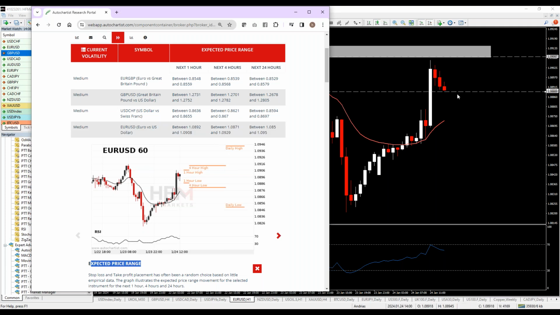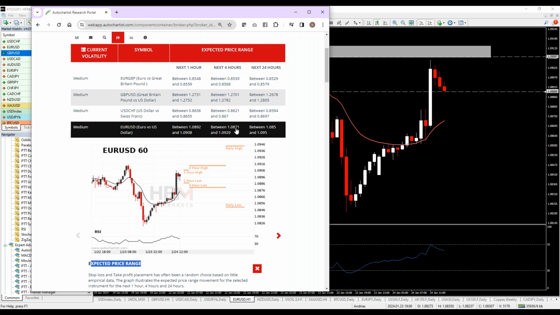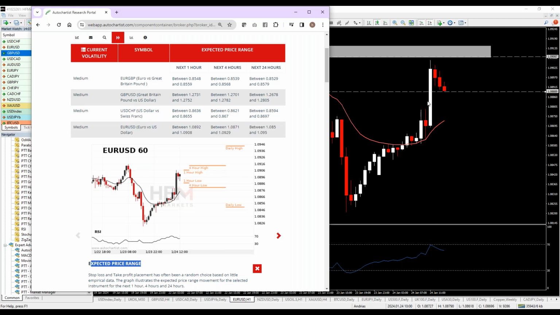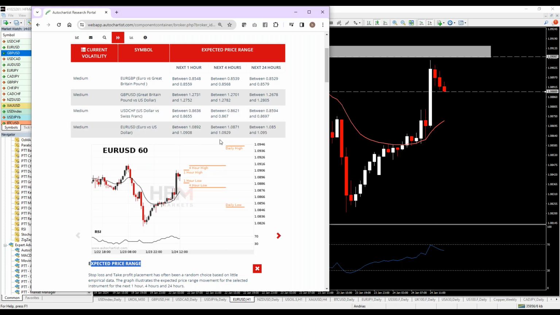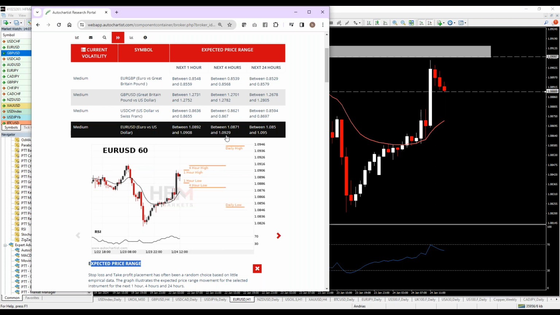So if indeed I see this support level broken to the downside, 108.71 could be my target level. While on the flip side, if I see my asset appreciating and moving higher, then 109.08 would be my first target, and if that breaks, the next target could be 109.29.